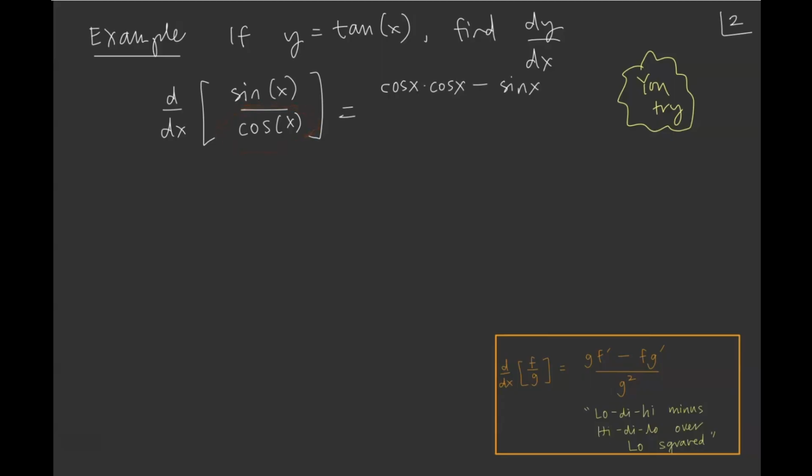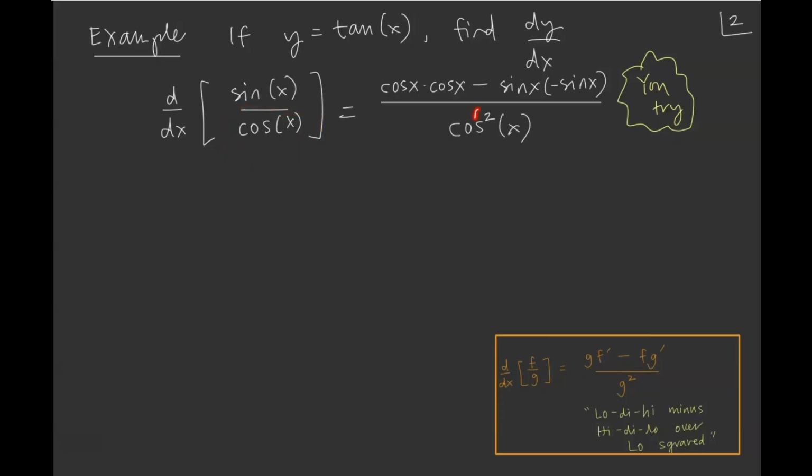So the derivative of cosine x is negative sine x, all over low squared. And also, by the way, make sure you're using parentheses here so that we recognize it as a multiplication and not a subtraction. Low squared would be cosine squared of x.